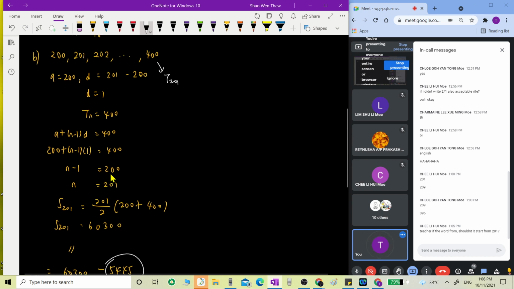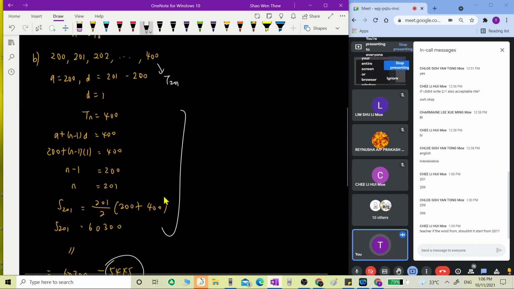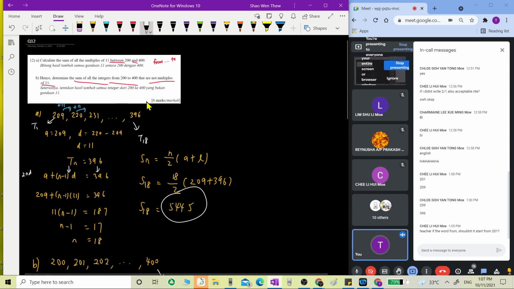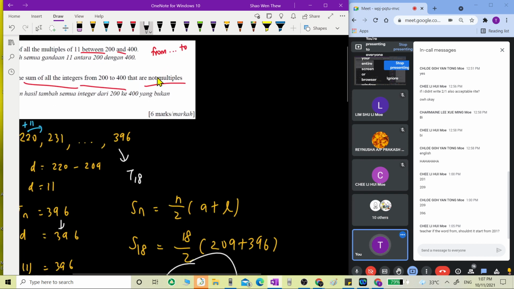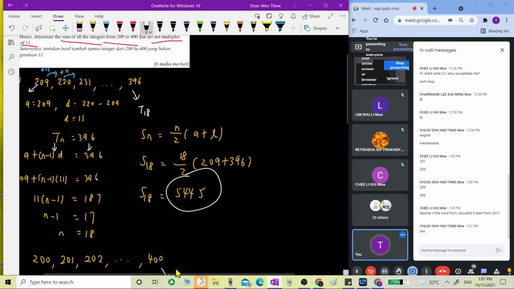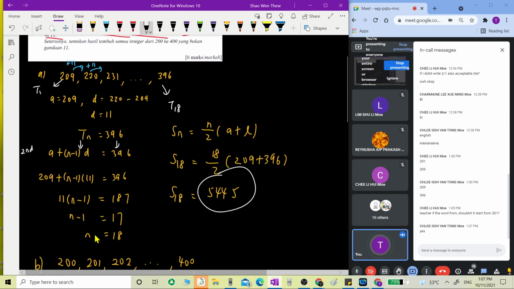But of course, all these things you still need to do. Can you imagine what I said just now? All these numbers, you take out the sum of all these numbers, so that the remaining ones are not multiples of 11. Now you snap the answer.